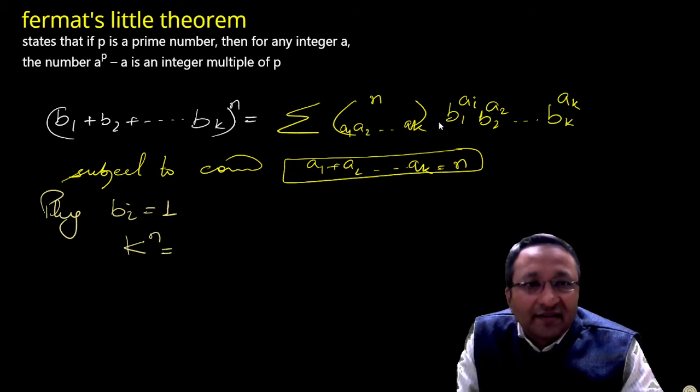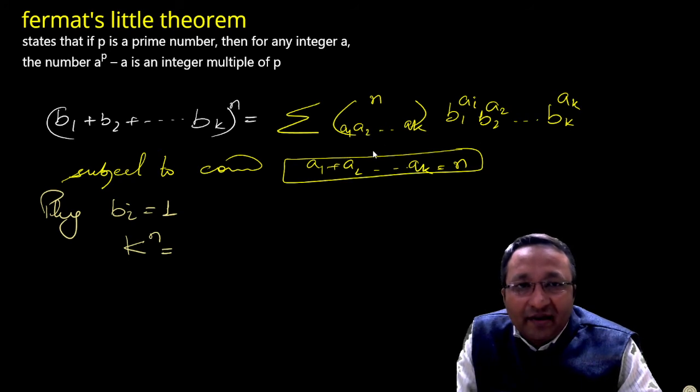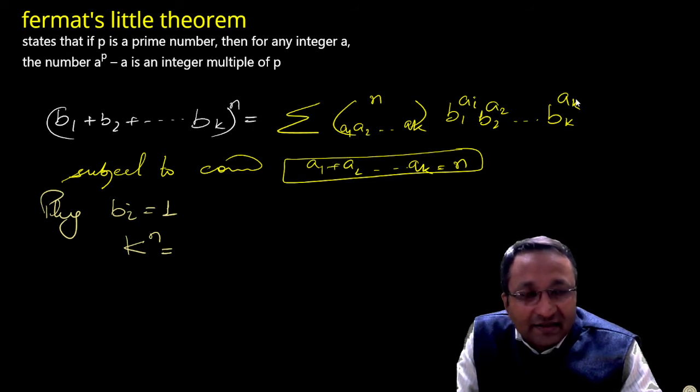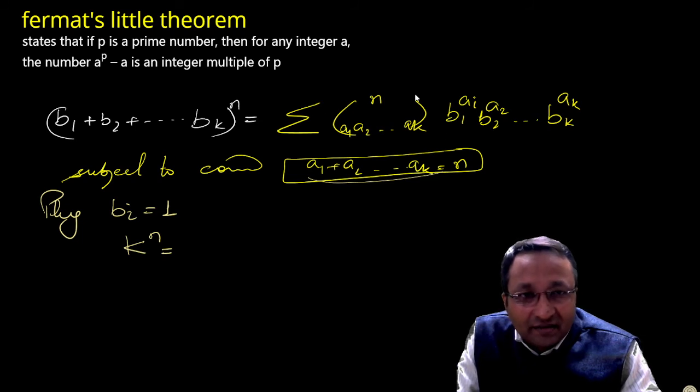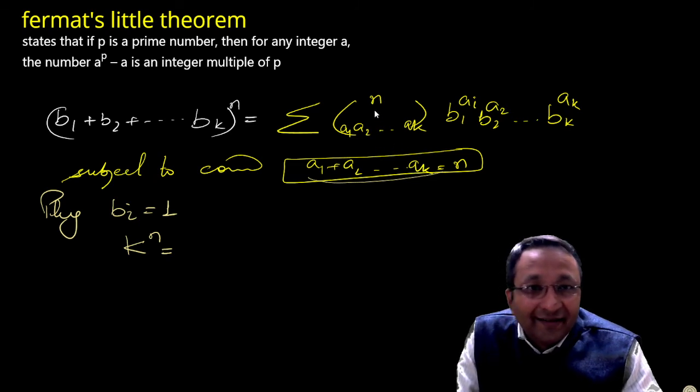On the right hand side you get a lot of terms where, if n is prime, other than those terms where these ai's are n or 0, that means if one of the ai is n and the rest are all 0, only in that case this would not be divisible by n. Otherwise, as we said earlier, if n is prime, every other term would be divisible by n.